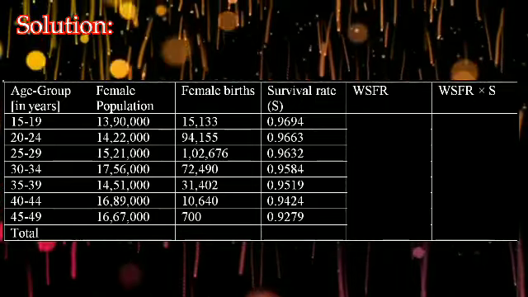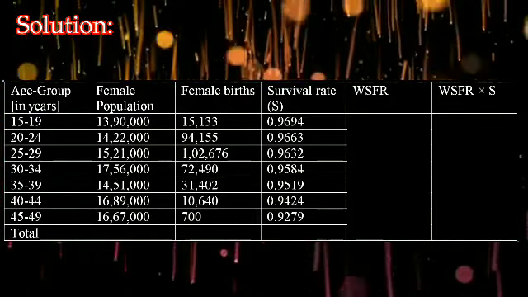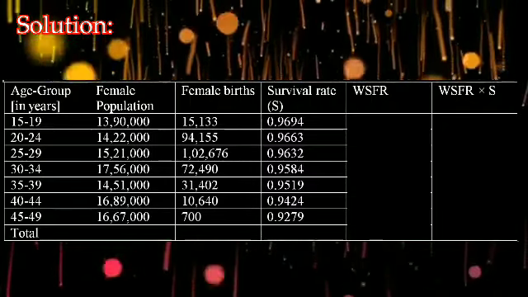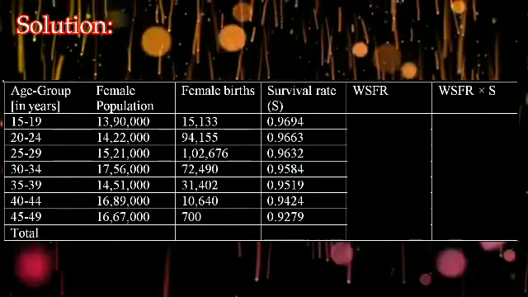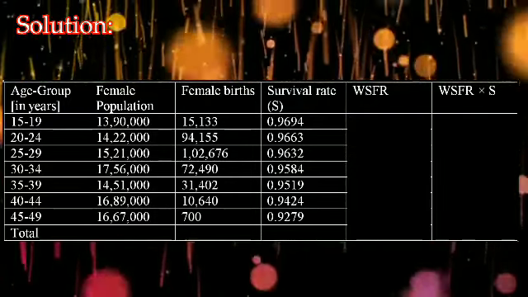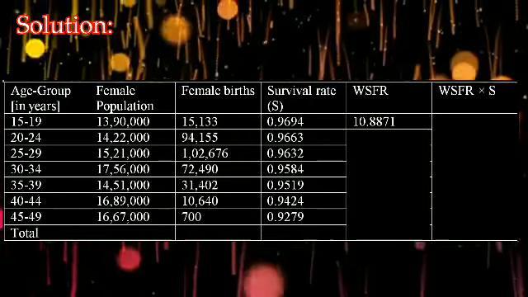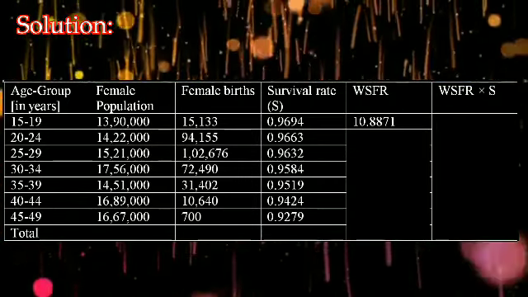First value, female birth divided by female population multiplied by 1000, that is 15,133 divided by 13,90,000, which is multiplied by 1000, that is equal to 10.8871.